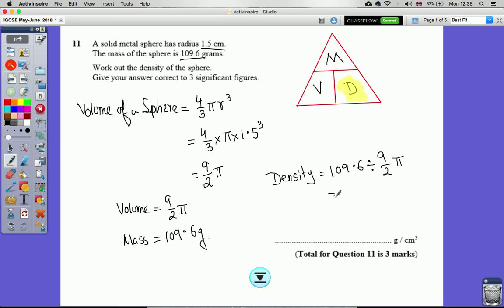Okay, and let's see what we get. 109.6 divided by 9 over 2 pi.